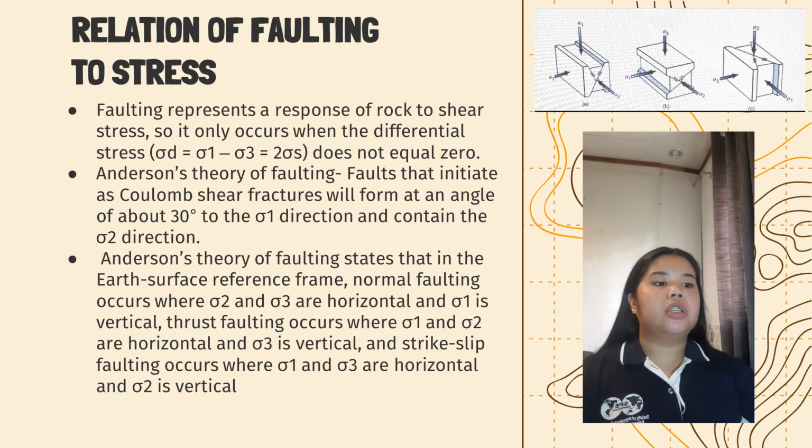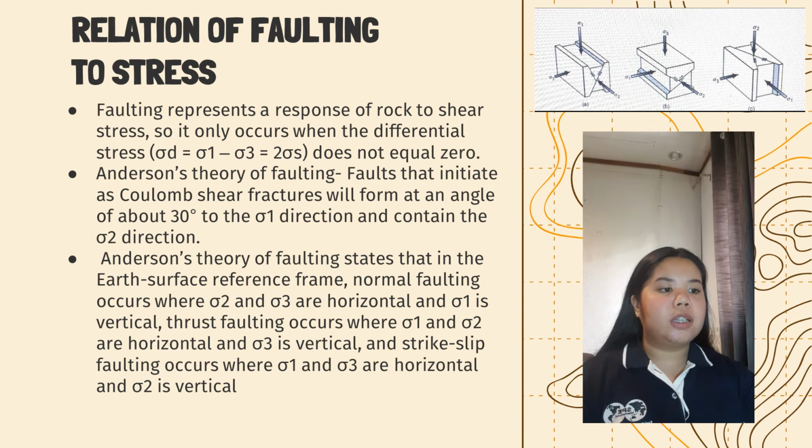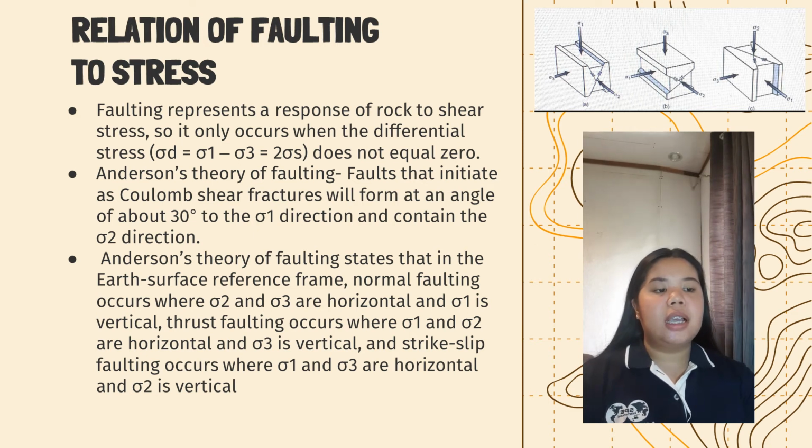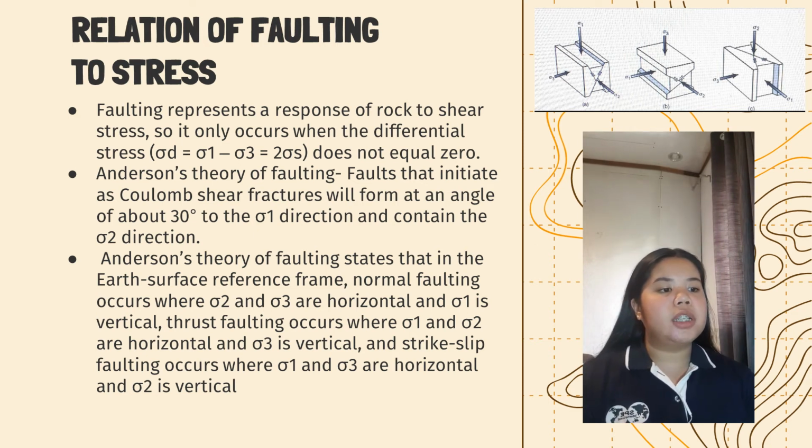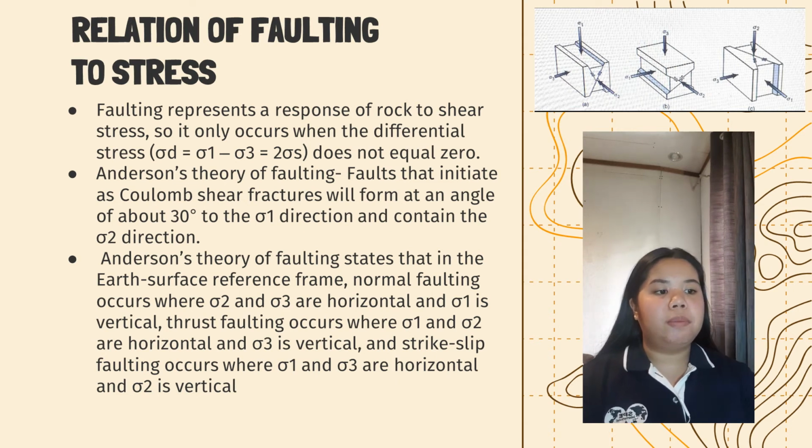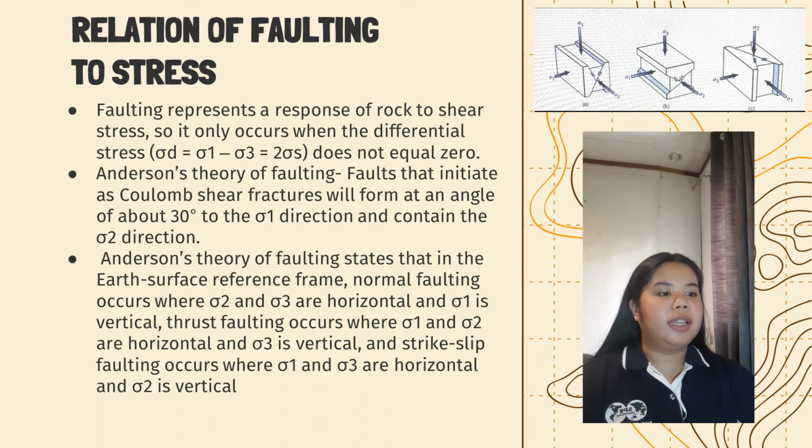Relation of faulting to stress. Faulting represents a response of rock to shear stress, so it only occurs when the differential stress does not equal zero. Because the shear stress magnitude on a plane changes as a function of the orientation of the plane with respect to the principal stresses, we should expect a relationship between the orientation of faults formed during a tectonic event and the trajectories of principal stresses during that event.